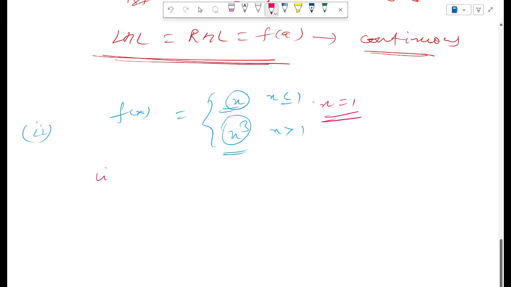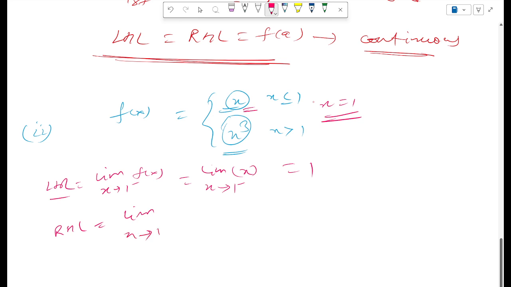How do we do that? First we calculate the left hand limit. Limit x tends to 1 minus f(x), where we have to take this part of the graph, f(x) equal to x. So this will become 1. And the right hand limit, limit x tends to 1 plus f(x).